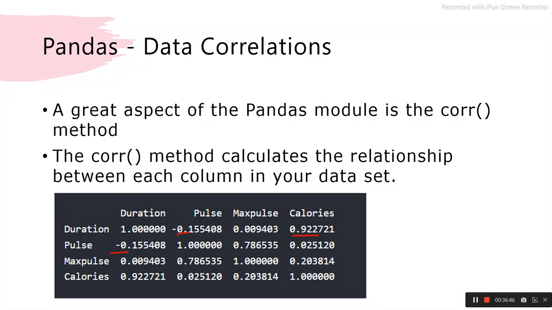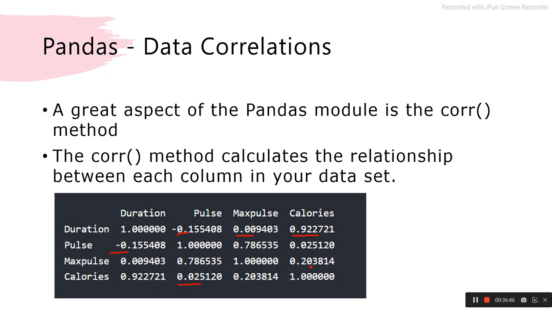If there is no correlation, the values will be less than 0.5, something like 0.00 and 0.025. Those show there is no correlation between calories and pulse. Depending upon these values, you can tell clearly which column depends upon which column.